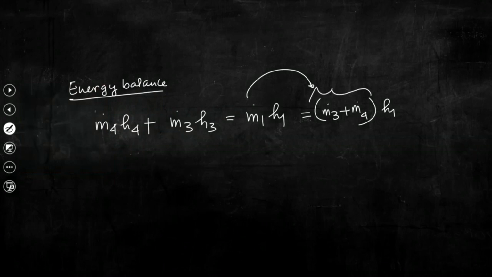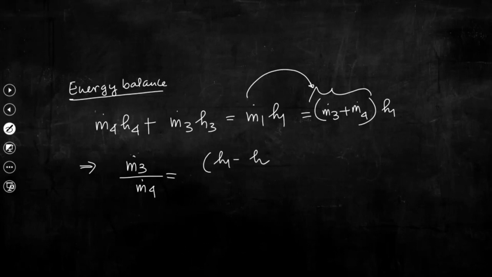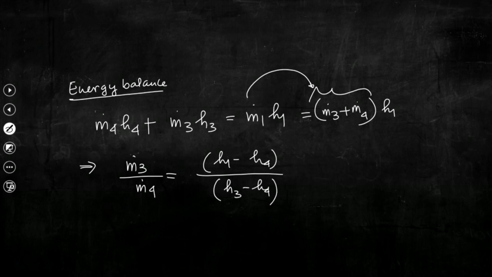Now, we can calculate m dot 3 divided by m dot 4 equal to H1 minus H4 divided by H3 minus H4, right. So, this is m dot 3 divided by m dot 4.